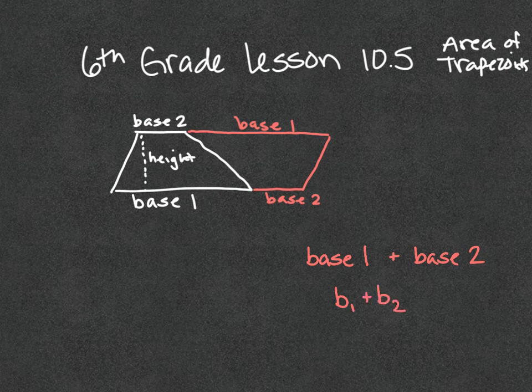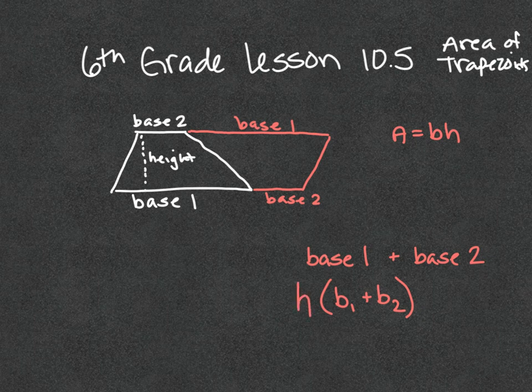So we did that. And then we took the sum of that, the sum of this put together, and multiplied it by the height, because area of a parallelogram is base times height. So we multiplied the added version of that times height.